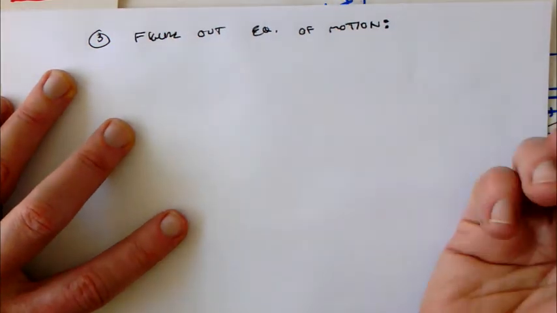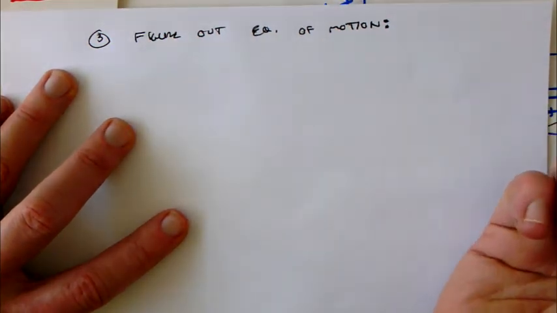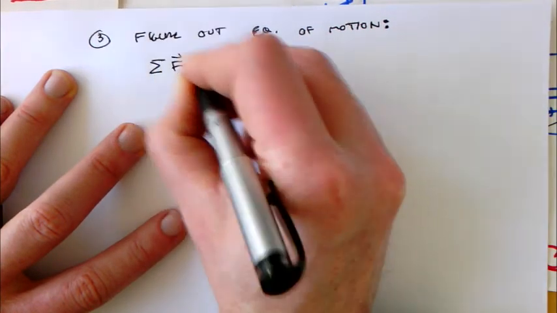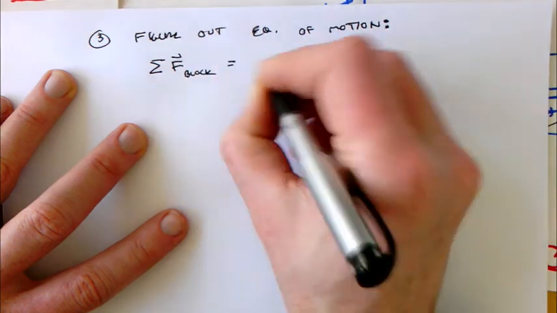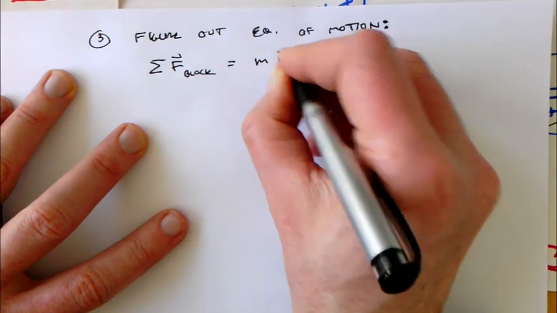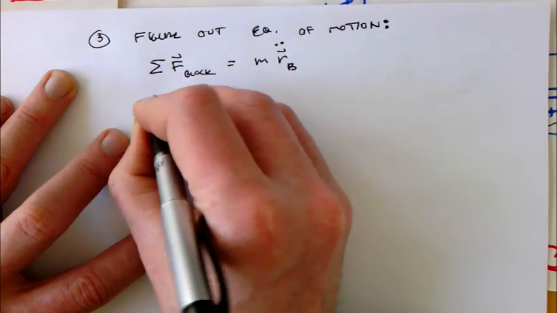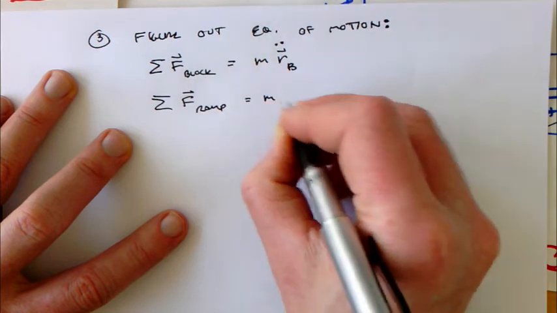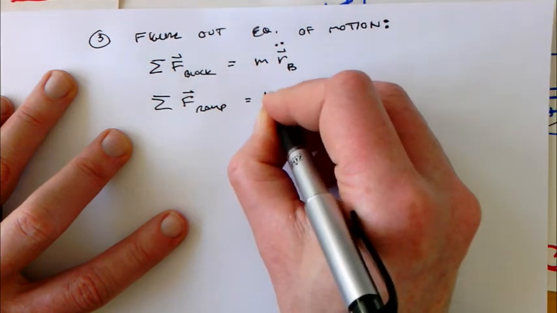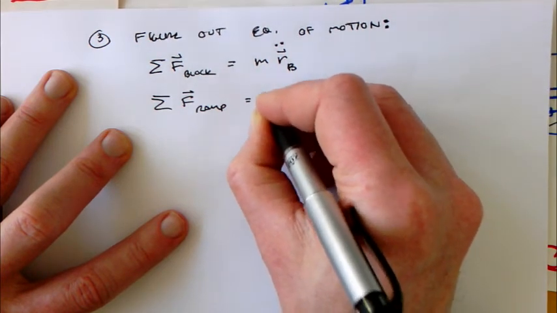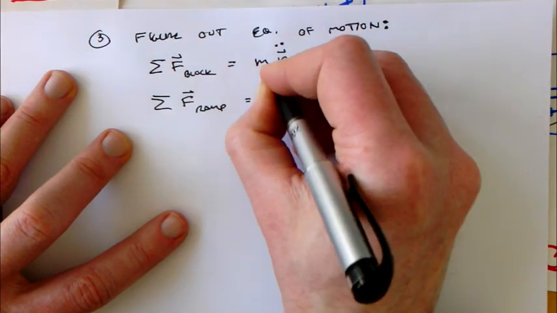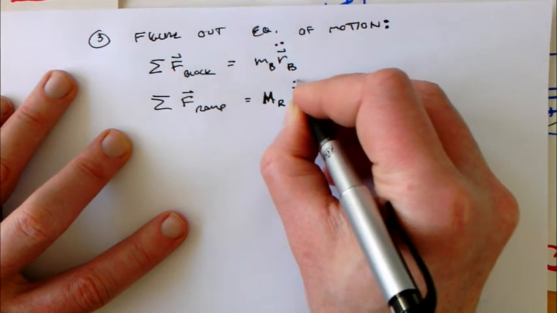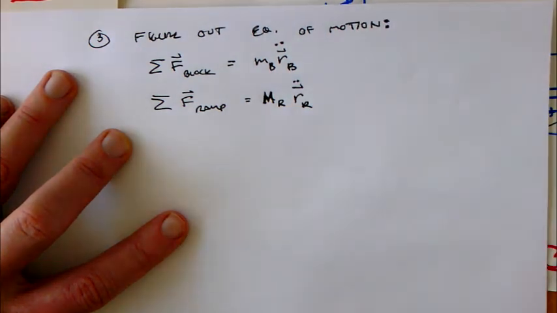One is that I can write down the high-level equations of motion very easily, because those simply tell me that the sum of forces on the block is equal to the mass of the block times the acceleration of the block, and the sum of forces on the ramp is equal to the mass of the ramp, which I think I'm calling big M. Let's just call it m sub r and m sub b, right, times the position of the ramp, the second derivative, or the acceleration of the ramp, right?